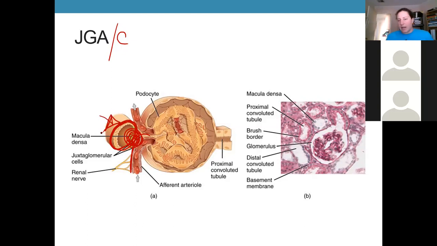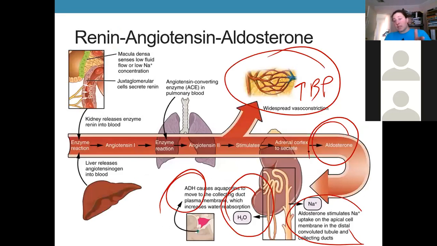Okay, so we'll talk about that more as we work our way through the physiology, but it's good to start thinking about it first. Okay, and this is actually a picture of a microscopic slide that's showing the actual structure. It's kind of cool. So we're going to go over this again on Monday, okay? But I wanted to get you started thinking about it.